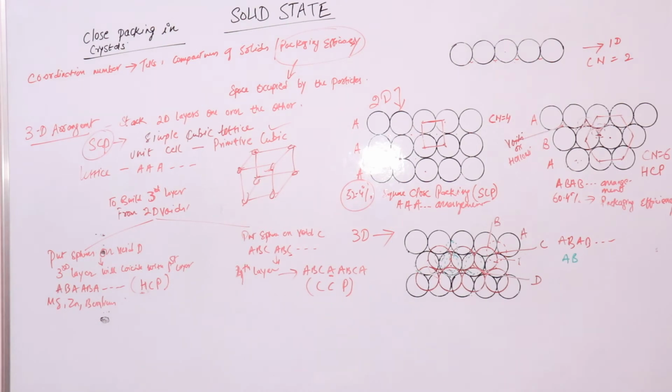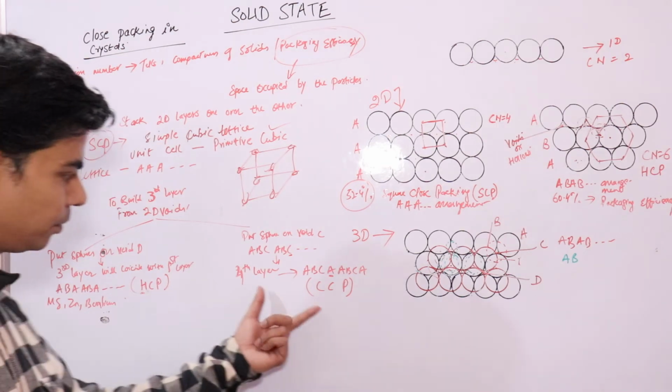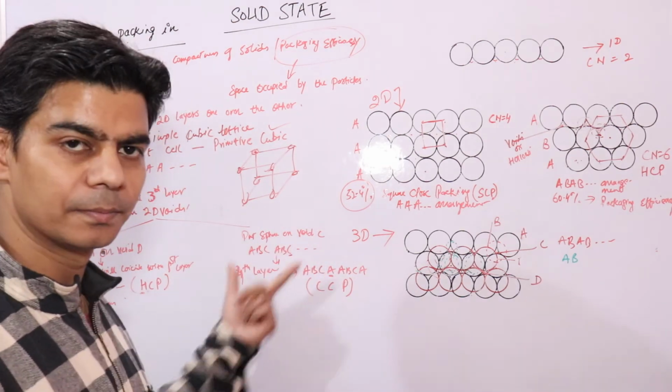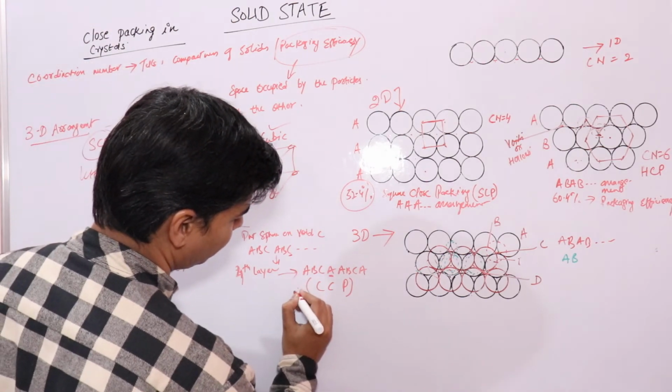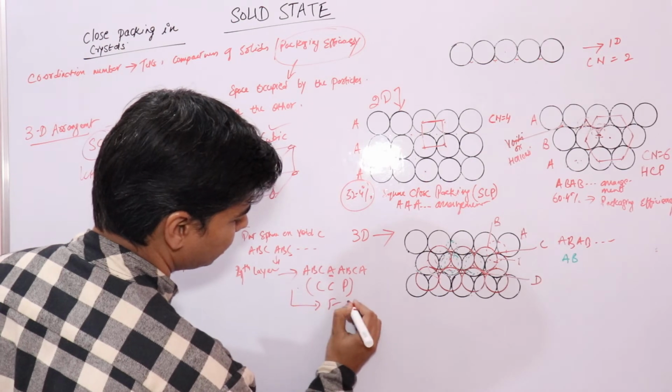Similarly, the CCP symmetry that we get on putting the spheres on void C, the arrangement is ABCA. Spheres at center, in this kind of arrangement, the structure that we get is your FCC.